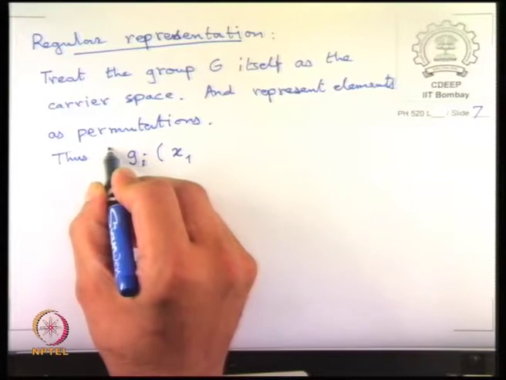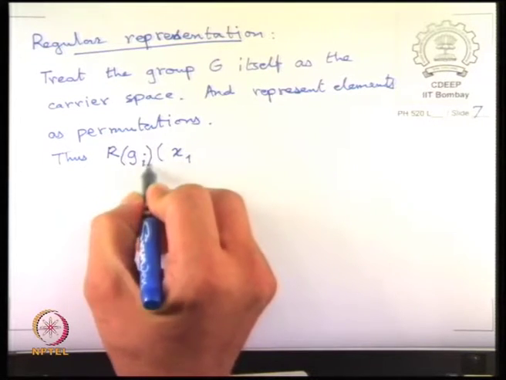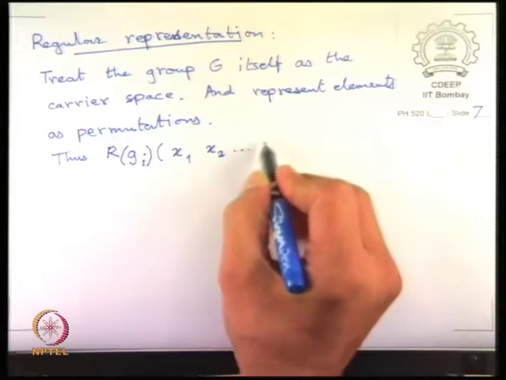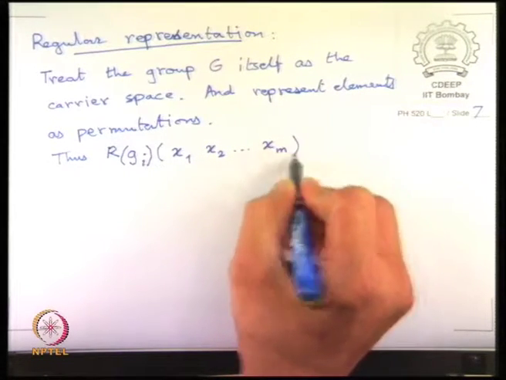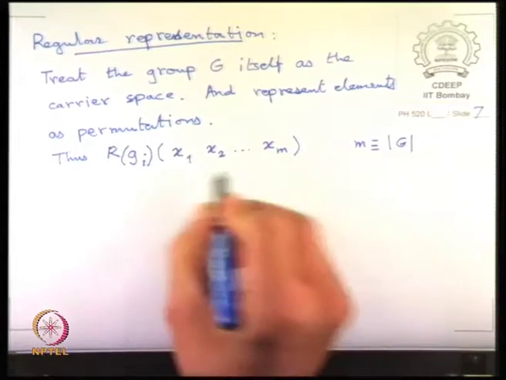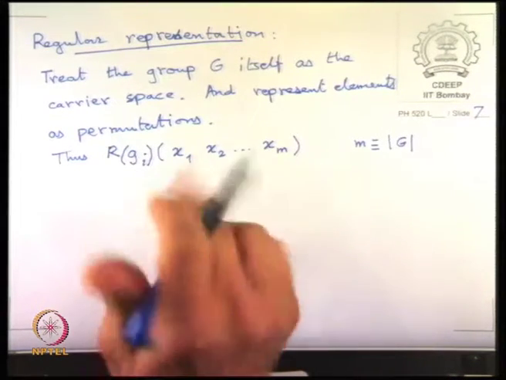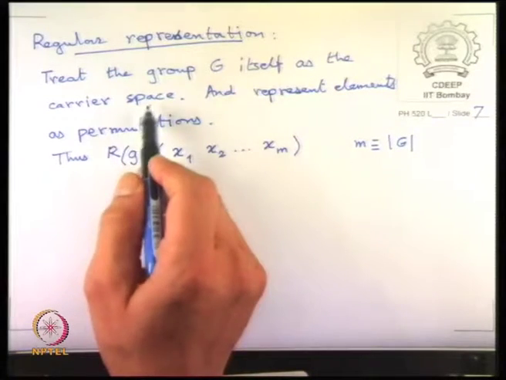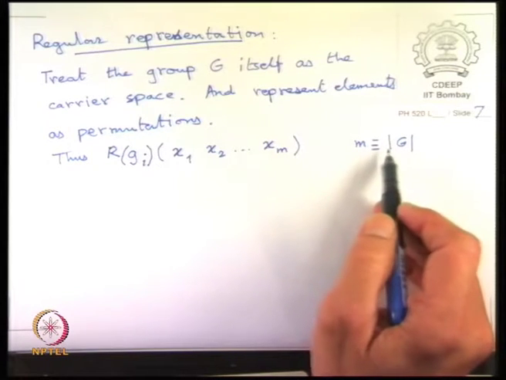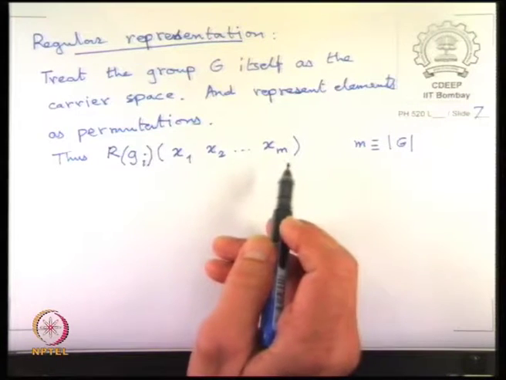I have used here R. So R is a matrix representation of Gi acting on components x1, x2, xm, where actually m is the order of the group. So there are as many components as there are group elements. So essentially, once you treat G itself as the carrier space, it is a m or mod G dimensional vector space, and the xi are the components in it.